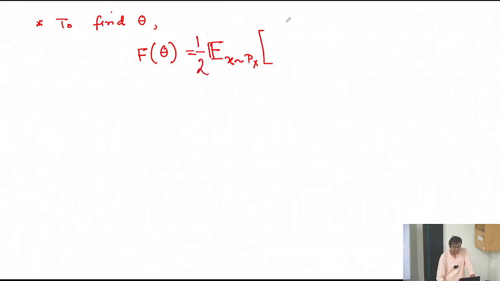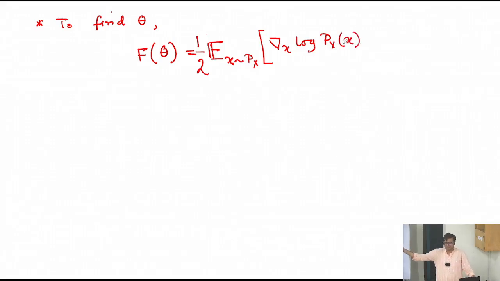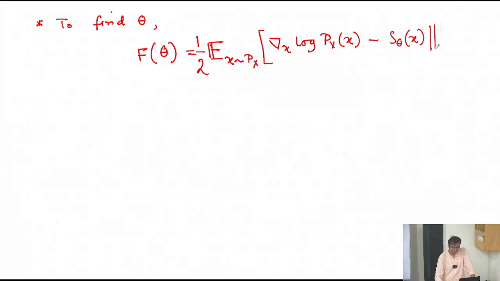Sorry, and then you have your gradient of log of p x. You can write p data also. So that's the gradient of log p data minus s theta x, and then the norm of it. This is my original Fisher divergence by definition, right? This is the original Fisher divergence by definition, correct?